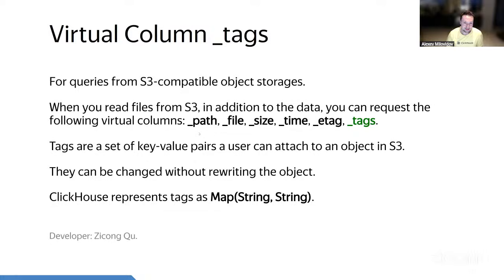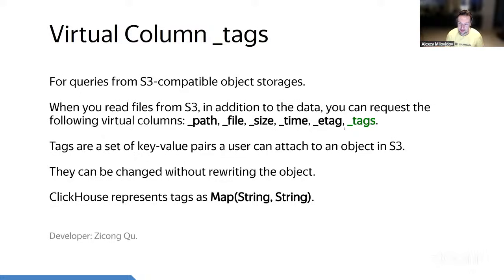And for this, we already have columns like _path that will return the full path, _file, just the file name, _size, which will return the file size, _time, the modification time, _etag, which is like a modification hash, just a certain string that will change with every modification.